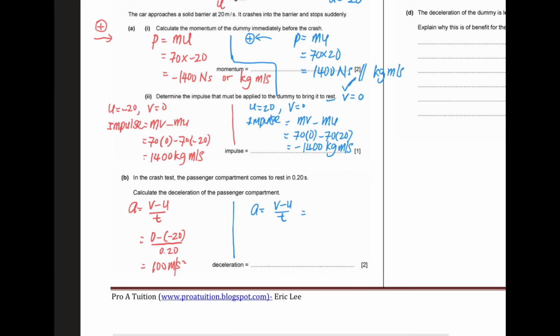If you follow the blue one, the V is 0, the U is 20, the T is 0.2, negative 100.